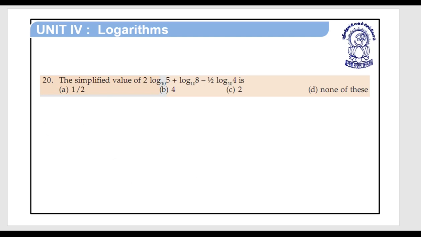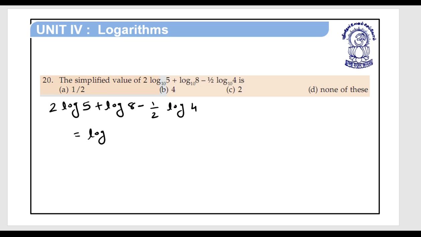The simplified value of 2 log 5 plus log 8 minus 1/2 log 4 is equal to, here 2 log 5 plus log 8 minus 1/2 log 4.